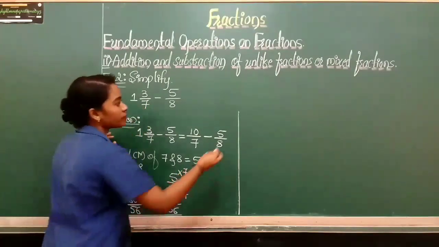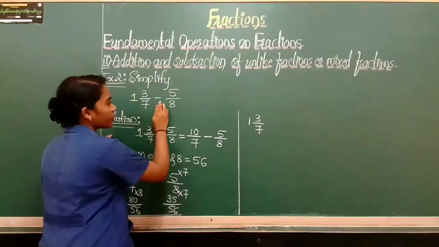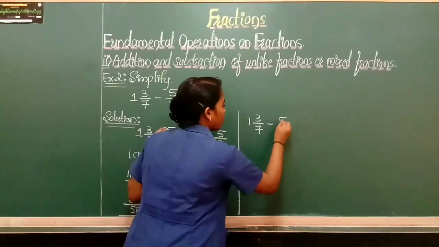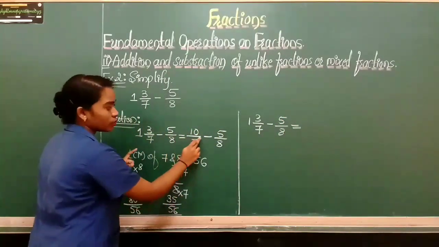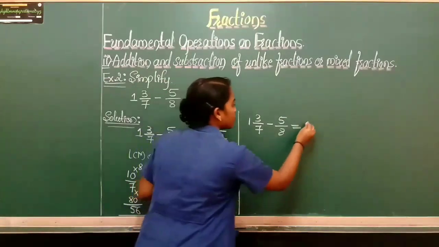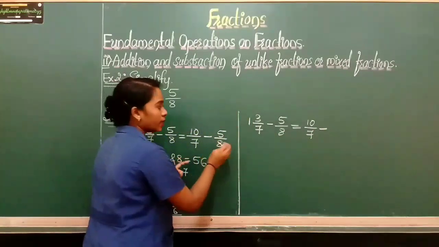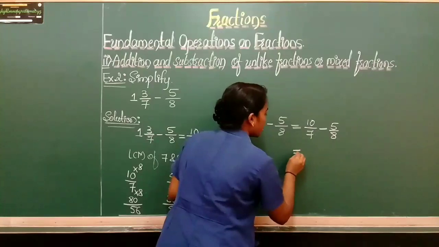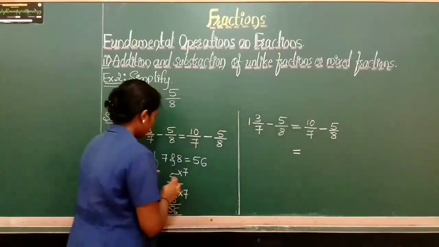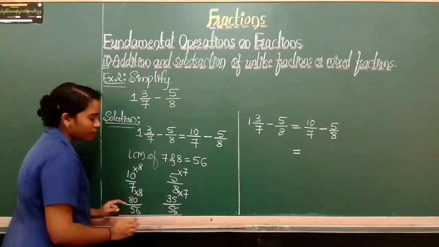Now write the fraction 1 3 by 7 minus 5 by 8, which is equal to 10 by 7 minus 5 by 8, which is equal to 80 by 56.